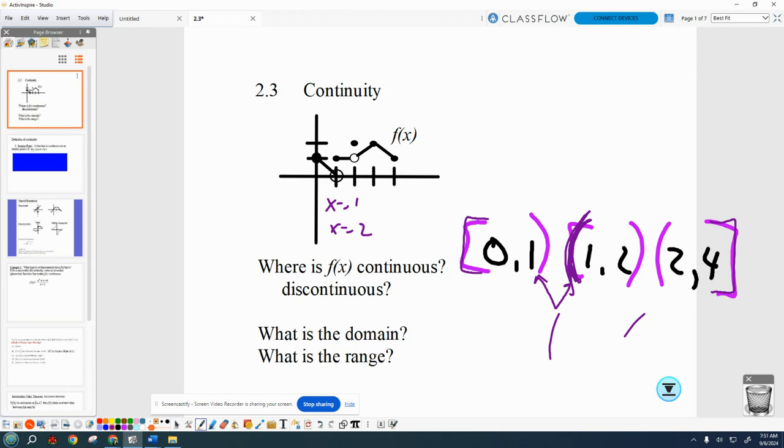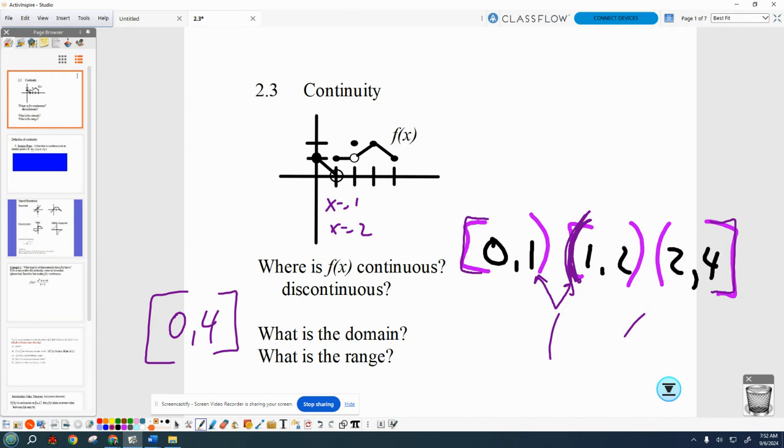Julia, what's the domain? From 0 to 4, inclusive, mix and match. So despite the discontinuities, there is a y value described and defined for every single x in 0 to 4. Sebastian, what's the range?